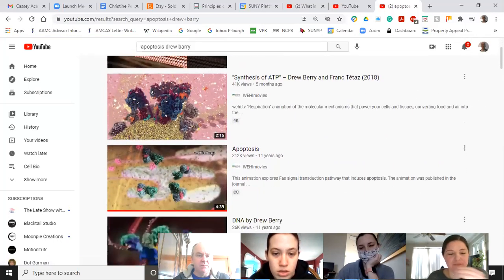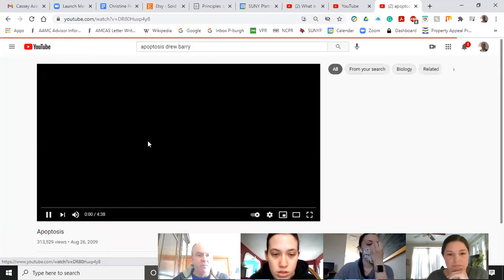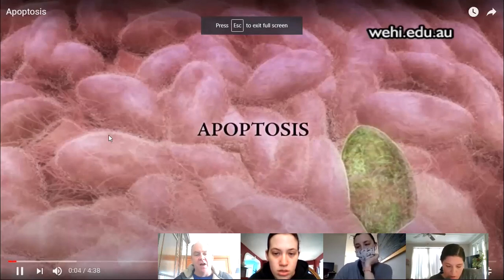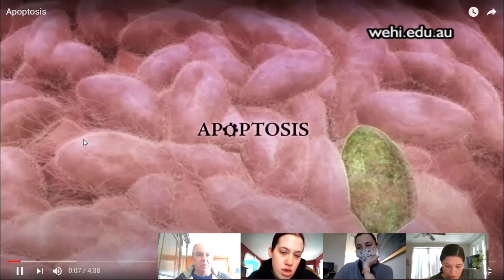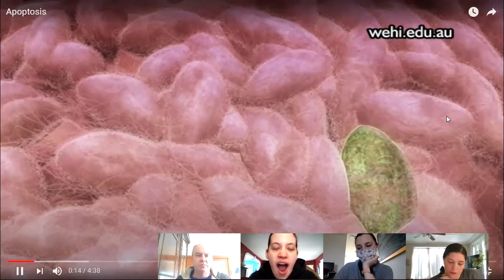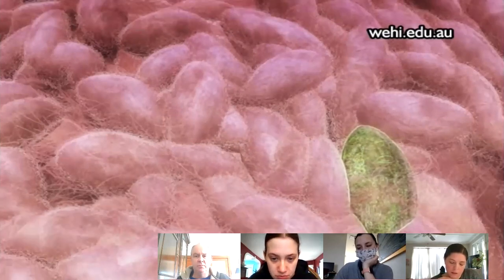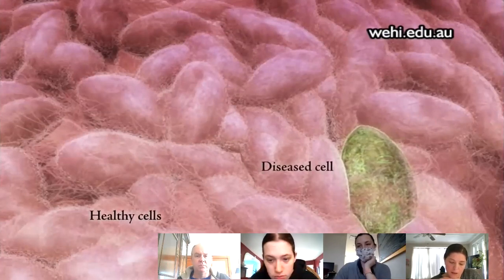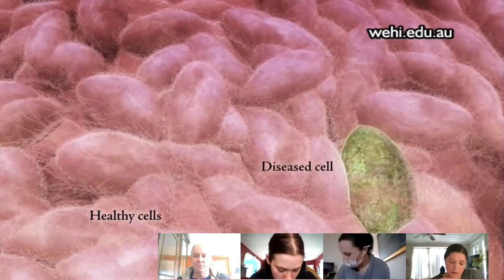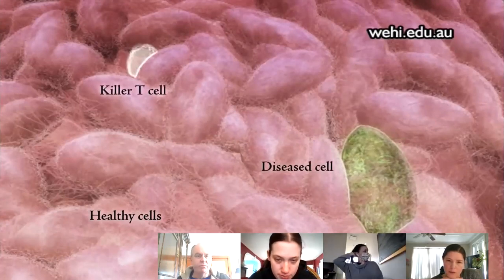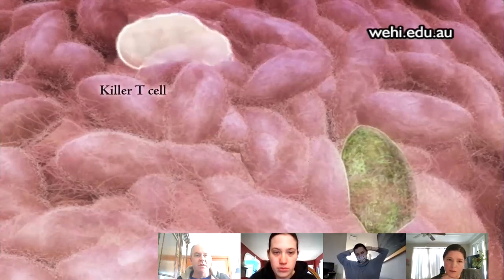Aha. Here it is. This is the one. Watch the change in magnification. So this is kind of microscopic right now, and it goes submicroscopic eventually. Here's your diseased cell over here. Here comes the killer T cell.